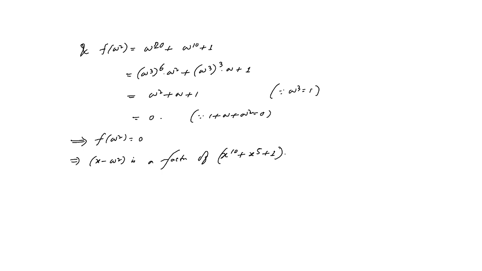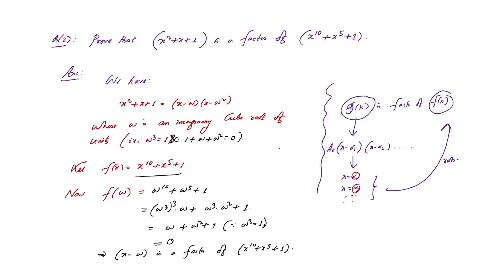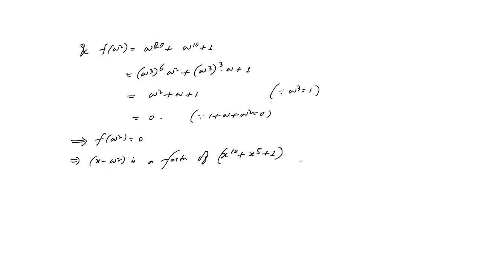So we have two distinct factors. One is x minus omega, that we can call 1, and here 2. So from 1 and 2, we can say x minus omega multiplied by x minus omega square is a factor of x to the power 10 plus x to the power 5 plus 1.